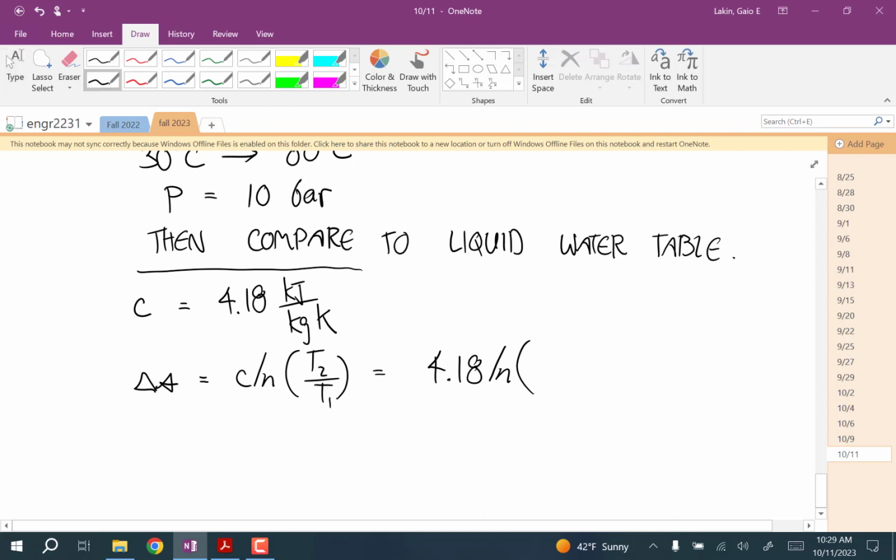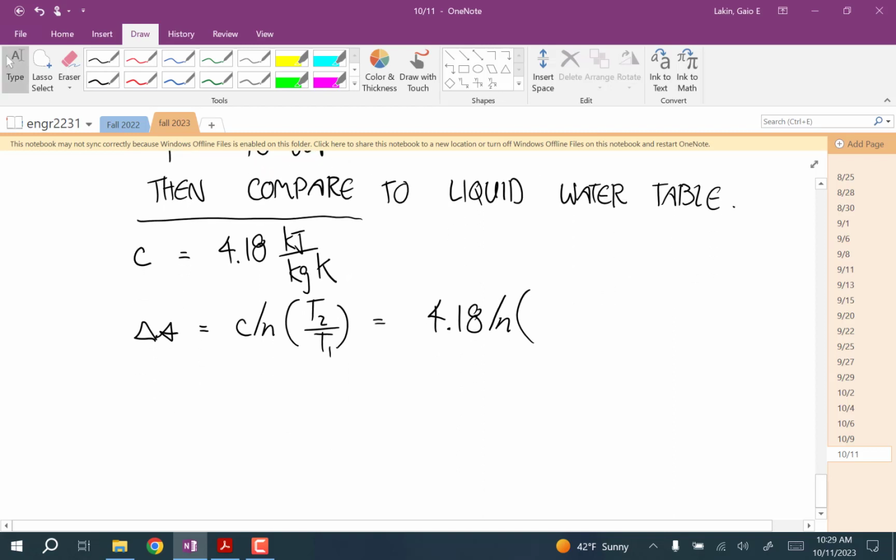So 80 plus 273 is 353 Kelvin. The starting temperature is 30 Celsius, so 30 plus 273 is 303. And you get a change in specific entropy of 638 kilojoules per kilogram Kelvin.